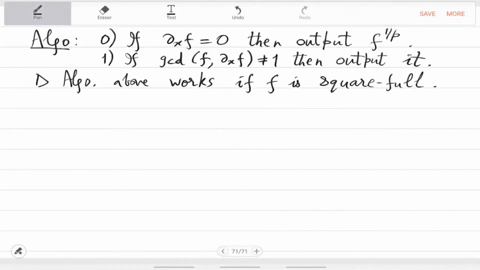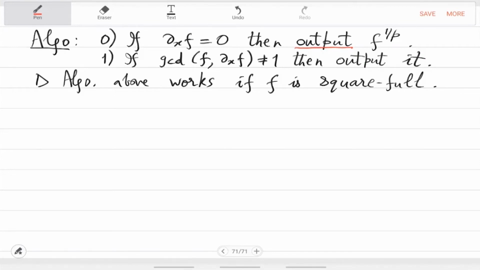Let me capture whatever we have learned till now to do with the derivative in these two steps. In the first step, you just check whether the derivative is 0. If it is 0, then you know that f is a pth power, and you saw the definition of h before, f equal to h to the p. So you just have to output that h. This is a trivial computation. The other thing you can try is to compute the GCD of f and its non-zero derivative.